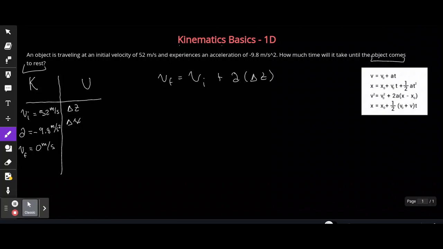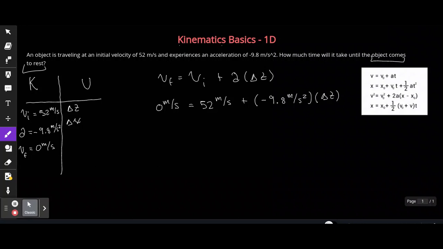So we know our v final is going to be 0 meters per second, because the problem wants the object to come to rest. Our initial velocity is 52 meters per second, plus an acceleration of negative 9.8 meters per second squared times an unknown elapsed time.